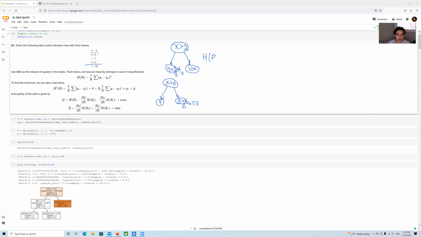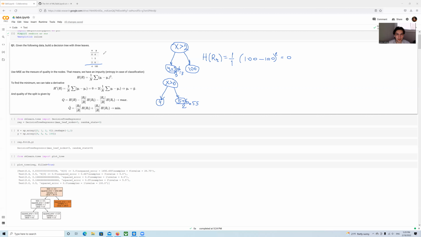For the right class, we have only one element. It's 1 over 1 times 100 minus the mean, which is 100 as well, so it's 0.